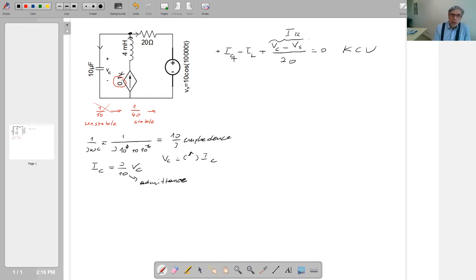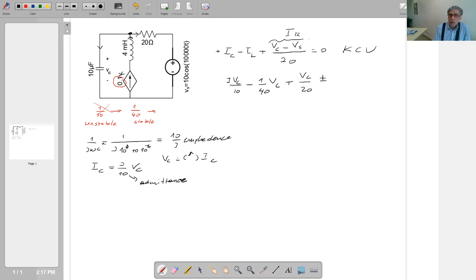Now I am going to write IC in terms of VC. It's going to be j VC over 10, and IL is this current. So we said the coefficient now is 1/40, so 1 over 40 VC plus VC over 20. So on the left hand side we've got minus VS over 20.